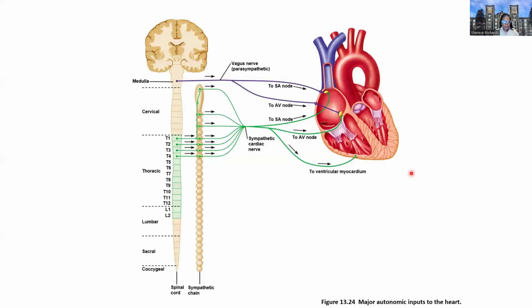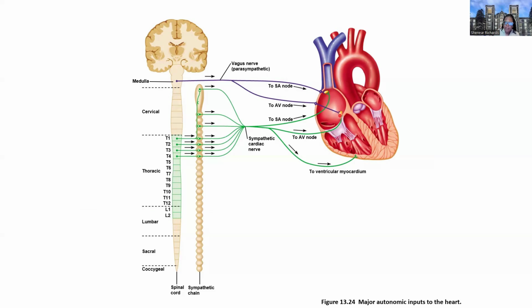Okay, now let's remind ourselves of the autonomic nervous system and how it involves various divisions, the parasympathetic by way of cranial nerves. This example is going to be the vagus nerve, which supplies the pacemaker cells, which are the SA node and AV nodal cells. So this is something we want to really make a point of early.